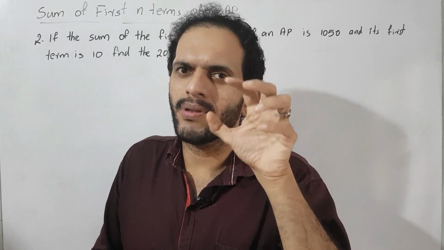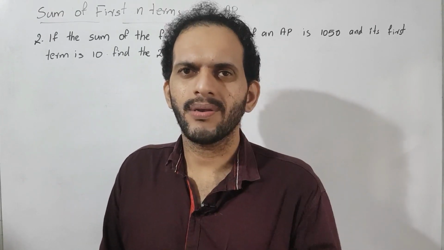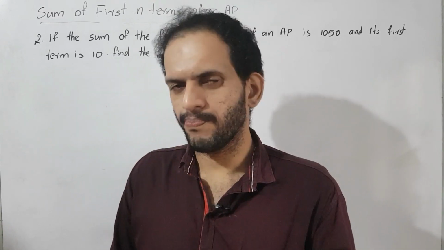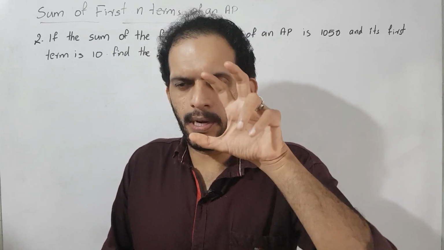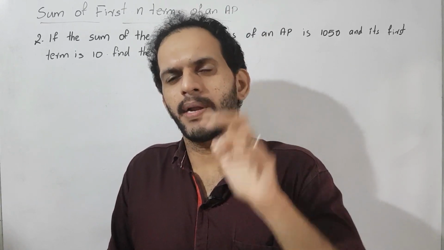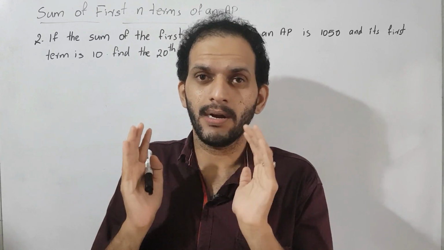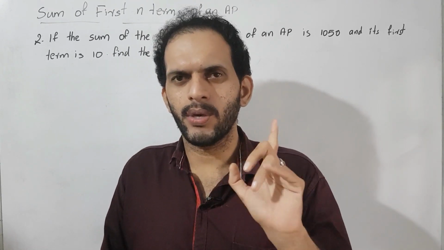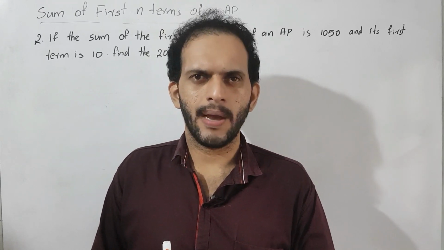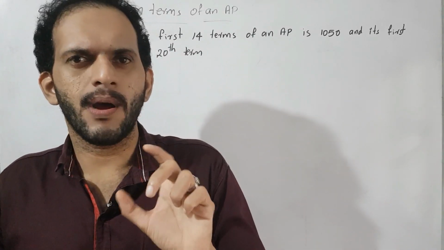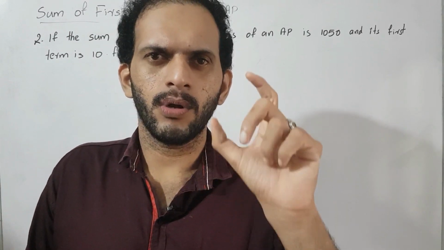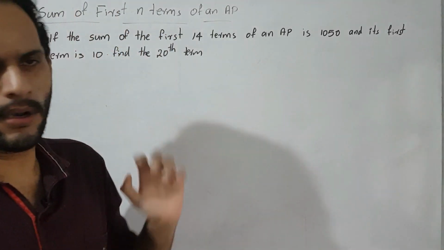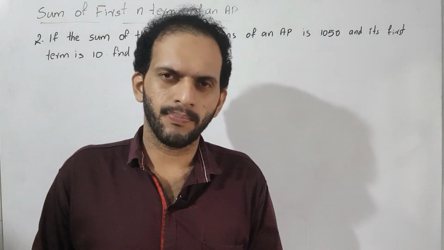To find the 20th term, we use the equation an is equal to a plus n minus 1 into d. To find a term in a particular position, or anything related to a term in a particular position, there is only one equation we use: an is equal to a plus n minus 1 into d. Here it is clearly stated that we need to find the term at a particular position, the 20th position.